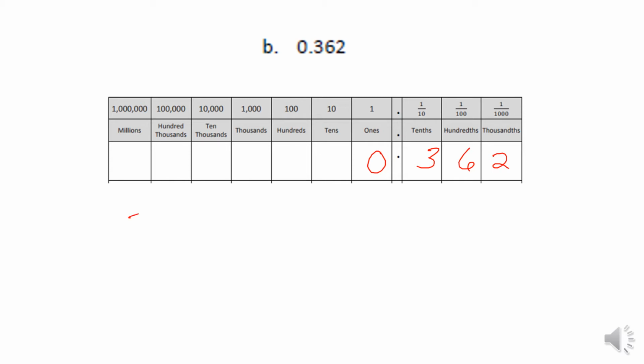So 3 times the place value, which is 1/10, plus 6 times the place value, which is 1/100ths, plus 2 times the place value, 1/1000ths, excuse me.